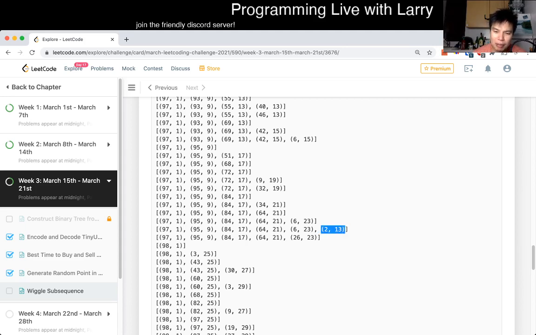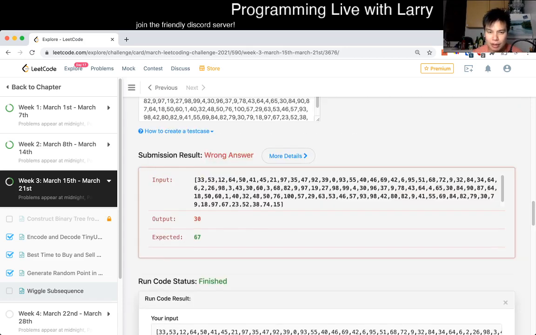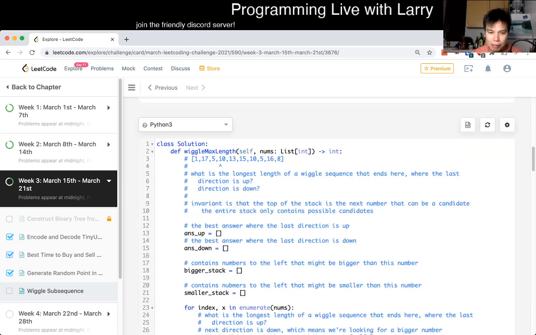For every number, I think as part of the stack, we have to ask ourselves, okay, for example, we have a new number coming through. Let's actually copy and paste this real quick. This is kind of a tricky problem, but let's copy and paste it here.